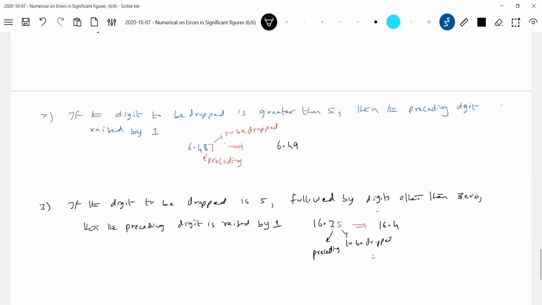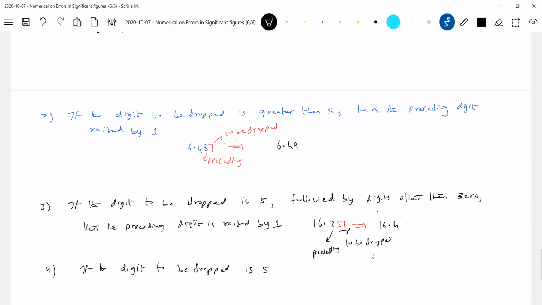One more. If the digit to be dropped is 5, followed by one more digit, it should be like this. This also is to be dropped. That 5 and 1 are to be dropped here.